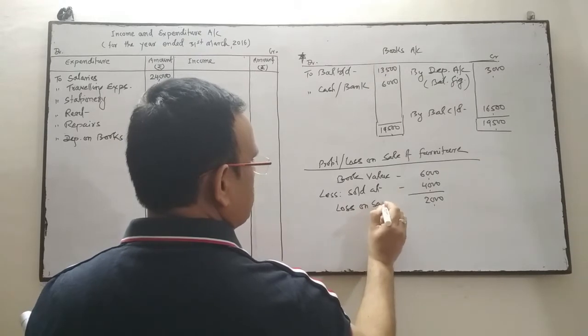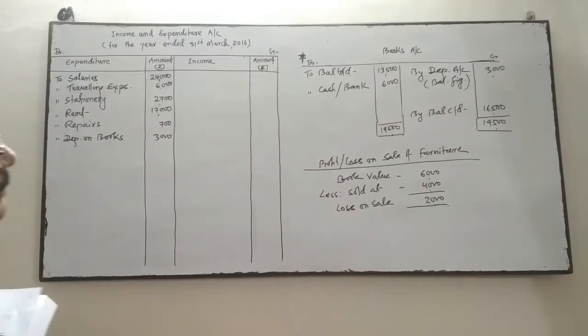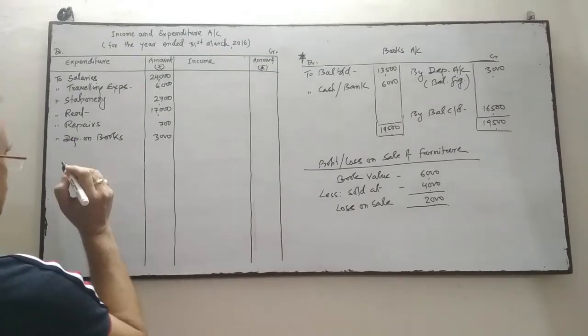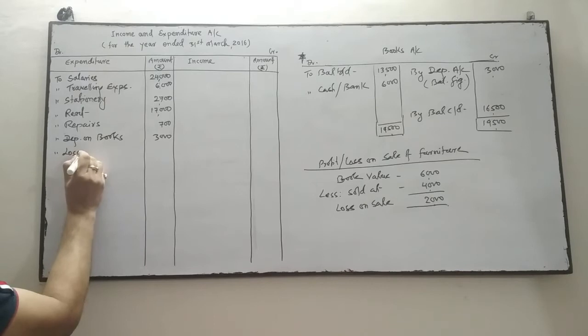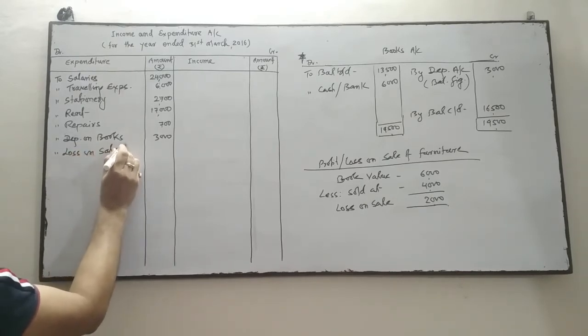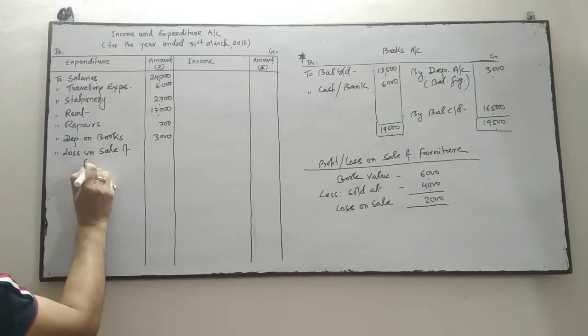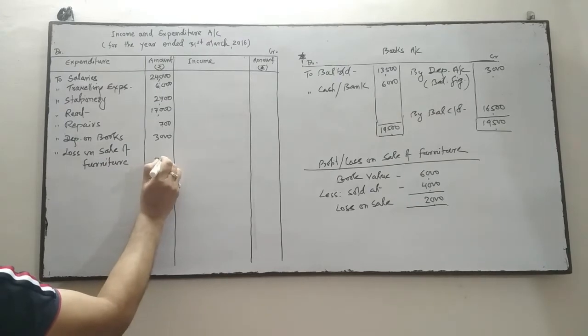Loss on sale is 2000. So this loss we will write here, loss on sale of furniture, 2000.